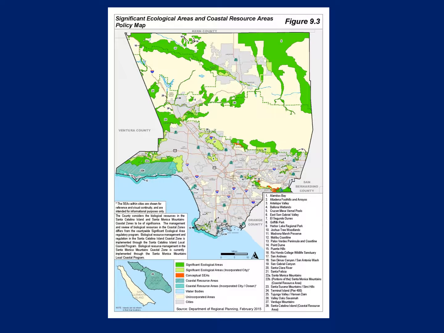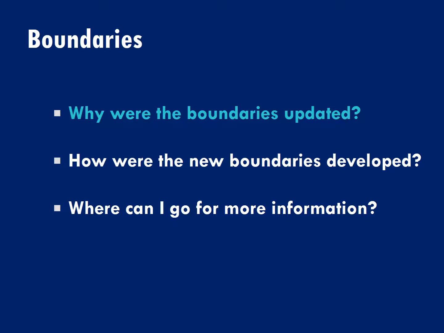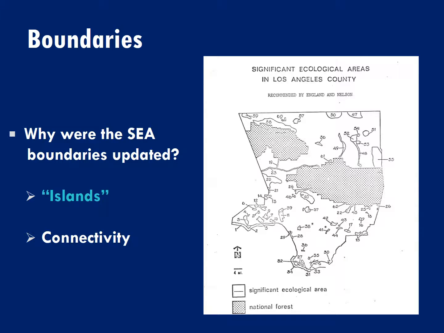So let's learn a little more about the SEA boundaries. Here are the updated SEA boundaries as adopted with the general plan update. So why were the boundaries updated? Since 1980, we've learned more about the biology and habitat needs of our SEAs.